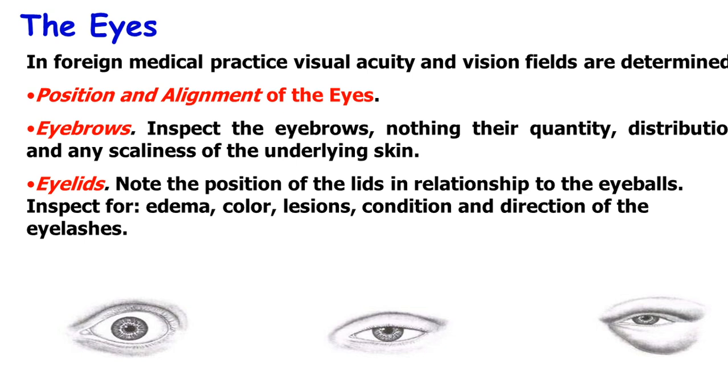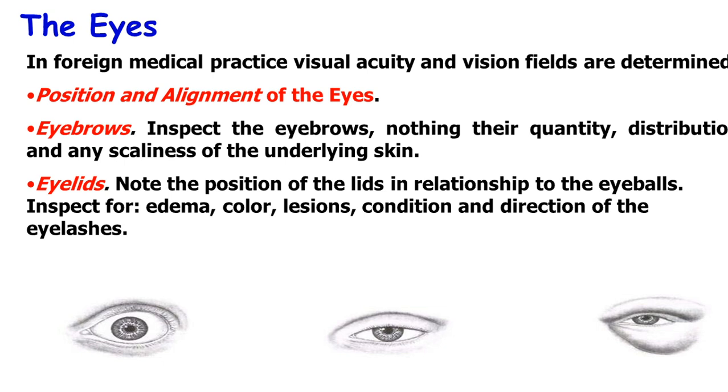Eyes examination. In foreign medical practice, visual acuity and vision field are determined. Position and alignment of the eyes, eyebrows, eyelids. Eyebrows: inspect the eyebrows, noting their quantity, distribution, and any scaliness of the underlying skin. Eyelids: note the position of the lid in relationship to the eyeballs.